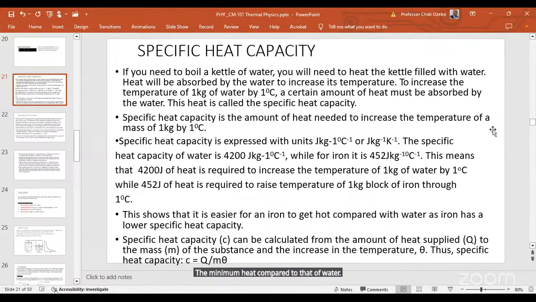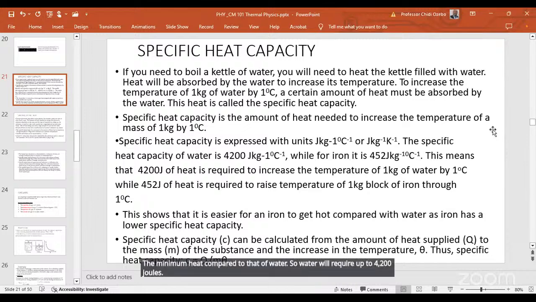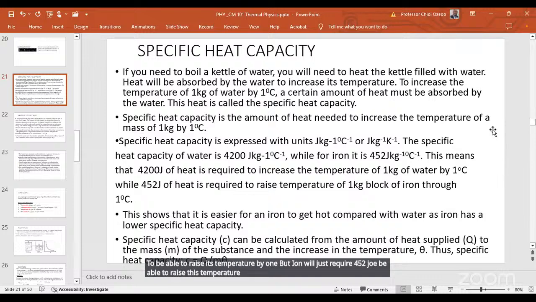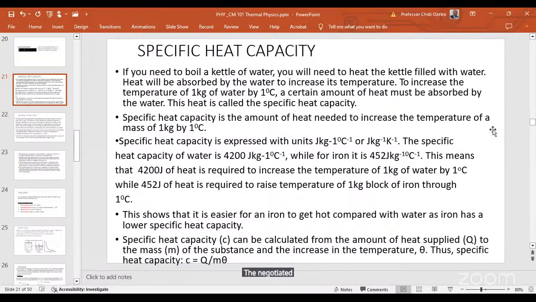So water will require up to 4,200 joule to be able to raise its temperature by 1 degree. But iron will just require 452 joule to raise its temperature by 1 degree. So the implication there is that water requires more heat to raise the temperature by 1 degree.